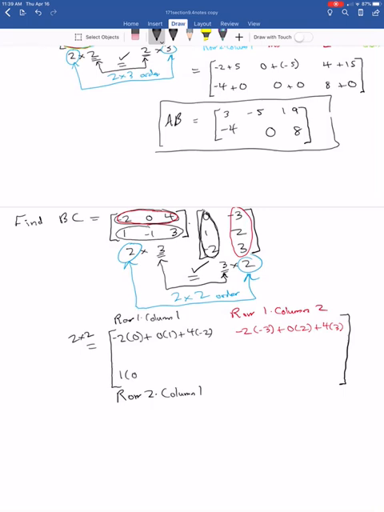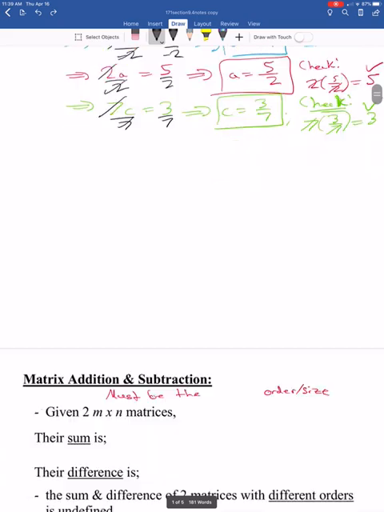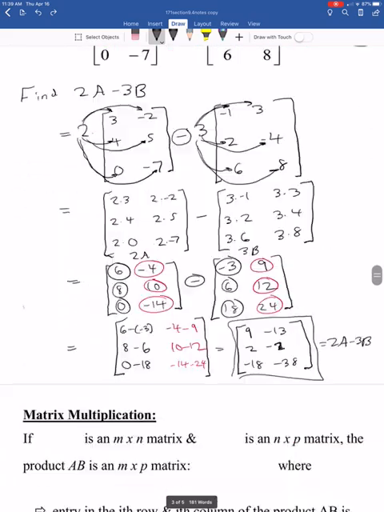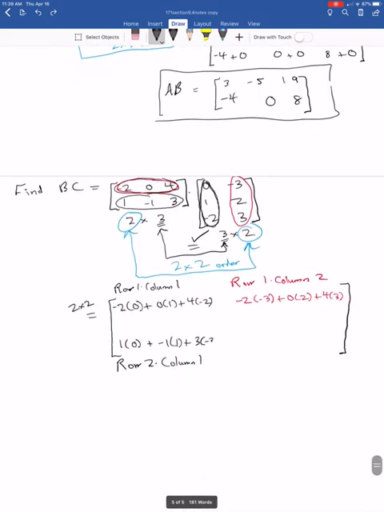So 1 times 0, plus -1 times 1, plus 3 times -2. So there's row 2 entries with column 1 entries.